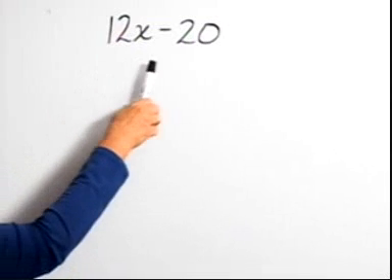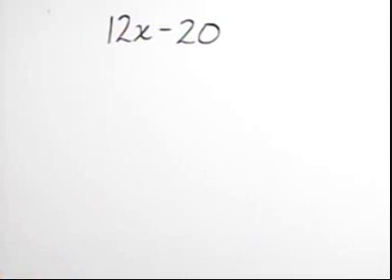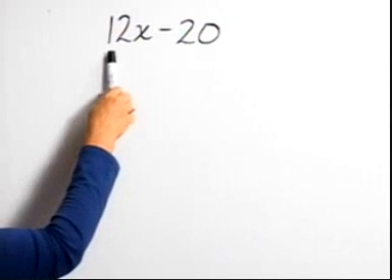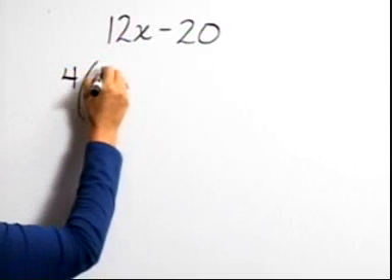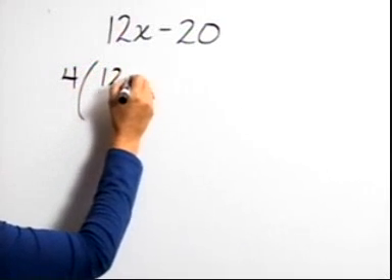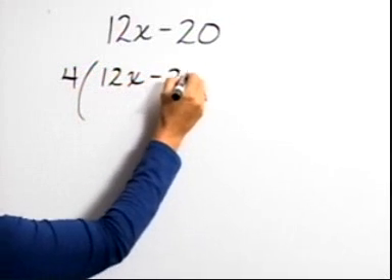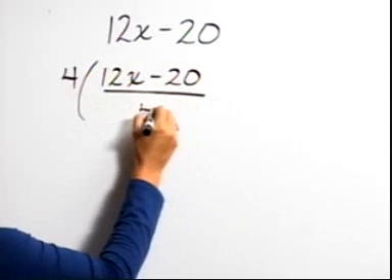Factor 12x minus 20. Think of a number that divides evenly into 12 and 20, which is 4. So we'll have 4 times 12x minus 20 divided by 4.